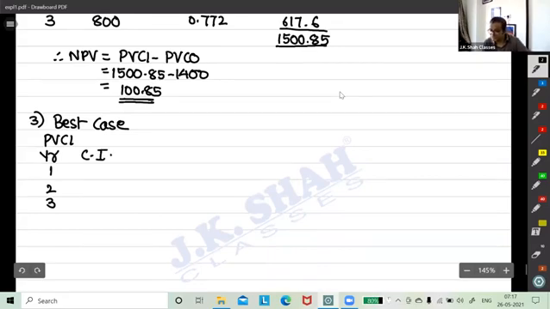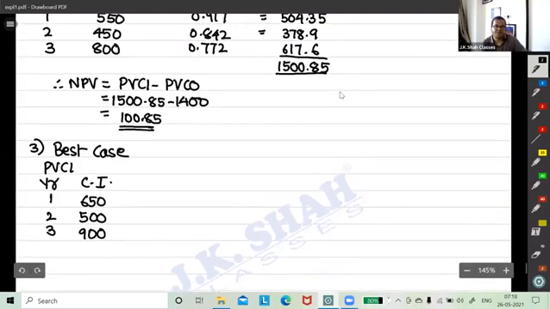Cash inflow 650, 500, and 900, multiply by what? Present value factors: 0.917, 0.842, 0.772.